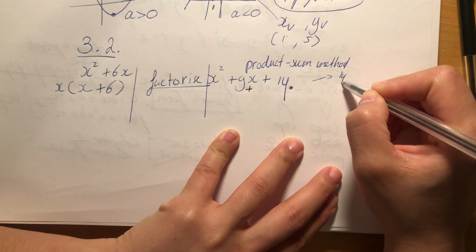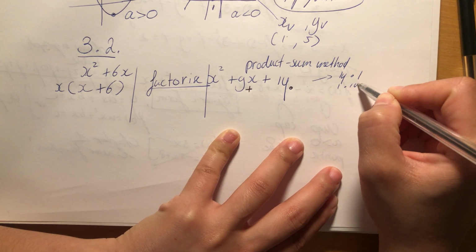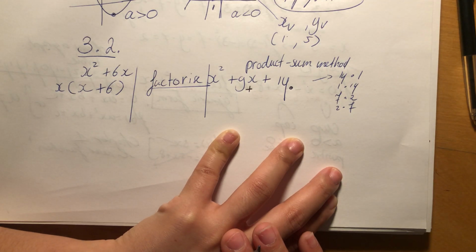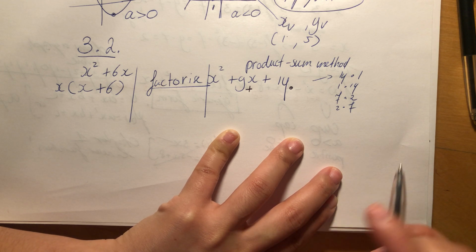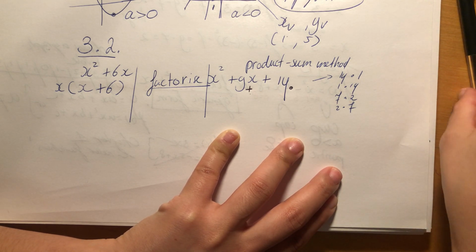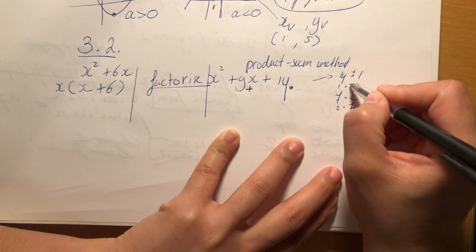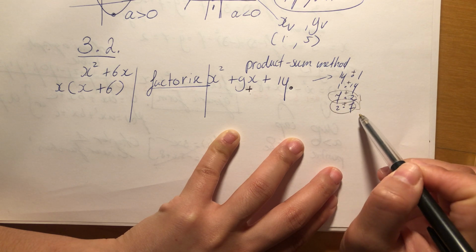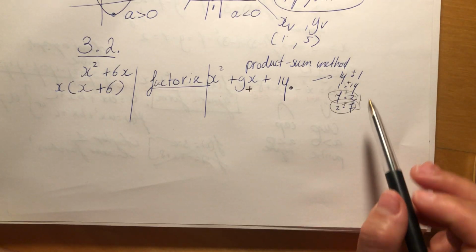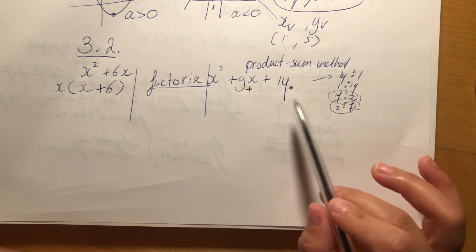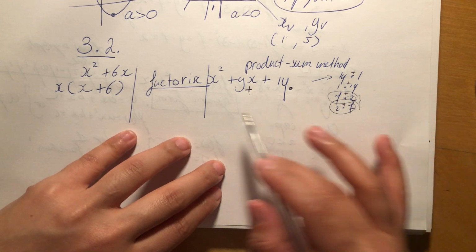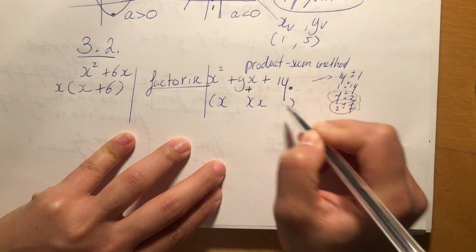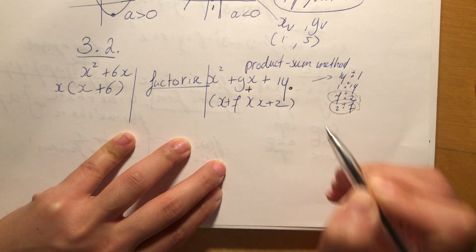You got 14 times 1, 1 times 14, 7 times 2, 2 times 7, and I think that we have all of it. But when you add them, you should get 9. So let's look, only when you have this or this, you get 9. But both of them are positive. So the way you're writing it, if you first start with the 7 or then with the 2, that doesn't matter. So indeed, this one will become x plus 7 plus 2.